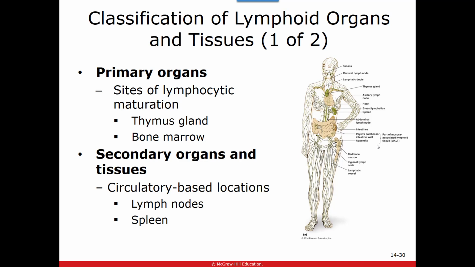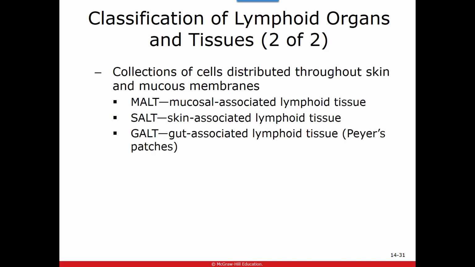Now, collections of cells. We do have cells that are patrolling all over the body for foreign invaders, but we do have a few areas where we also have a higher congregation of these patrolling cells. There's the mucosa-associated lymphoid tissue, the skin-associated lymphoid tissue, and your gut-associated lymphoid tissue. We generally try to put a lot of this type of tissue where we think there's a higher risk of a foreign invader. An example is your gut-associated lymphatic tissue, also known as Peyer's patches.